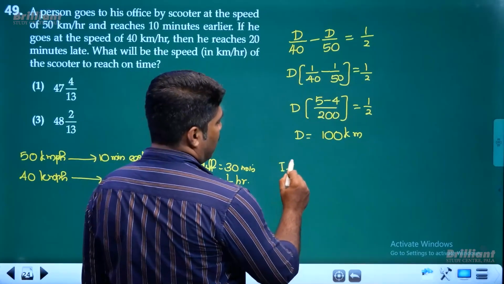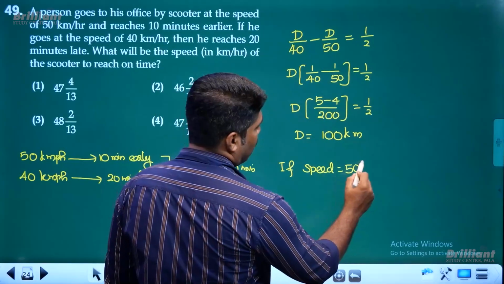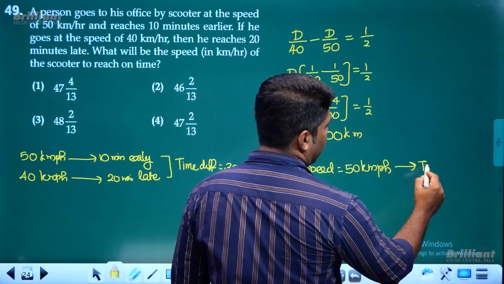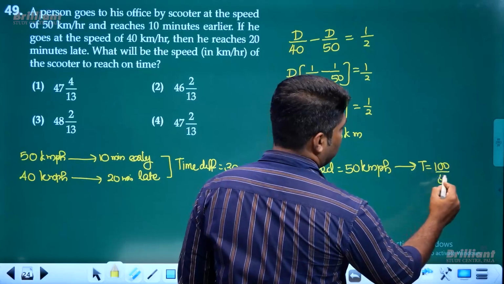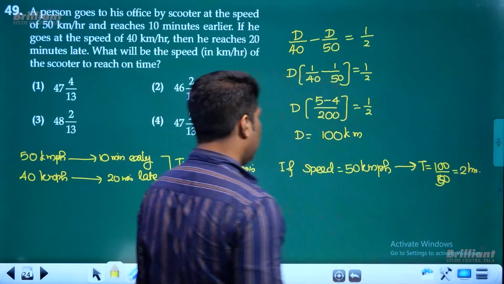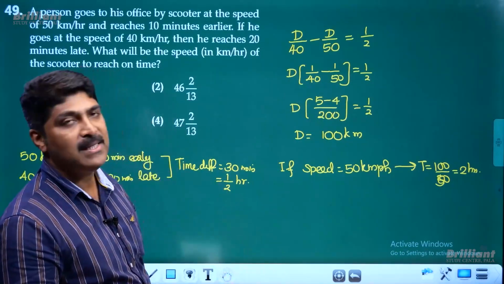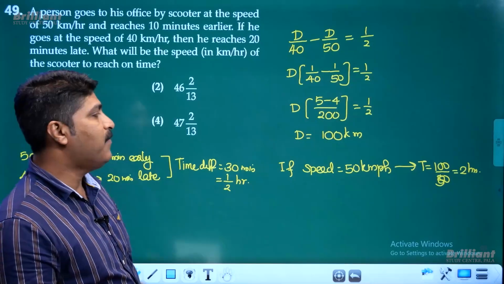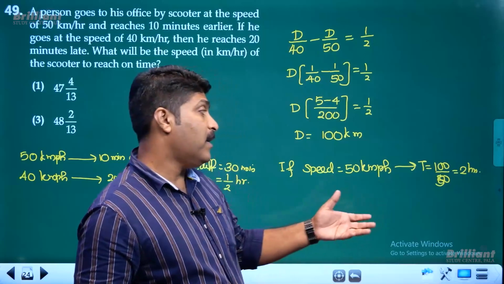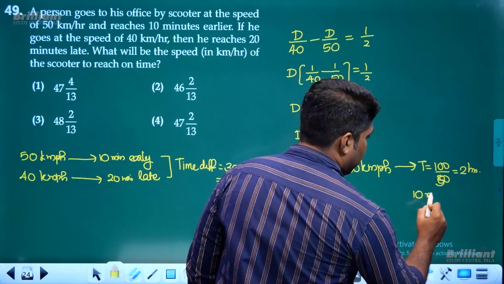So if the speed is equal to 50 km per hour, then time is equal to 100 by 50, that's equal to 2 hours, which is 10 minutes early. Got it? Therefore, he doesn't want to travel at that speed.